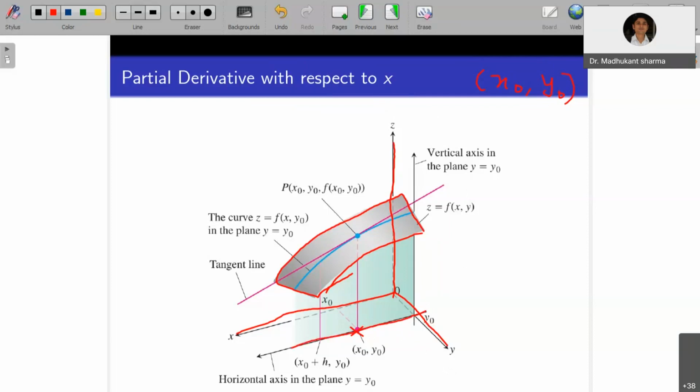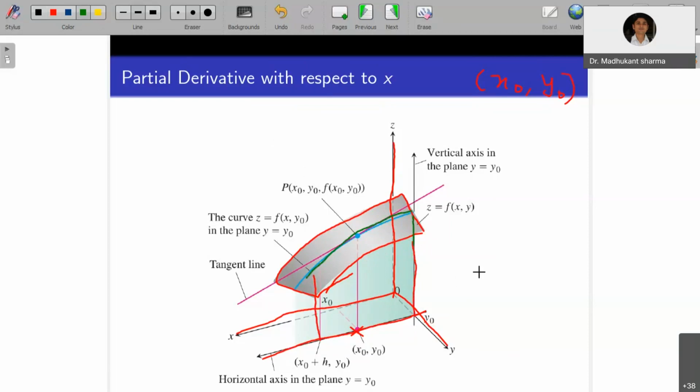This is the line. Now when you stretch this line along the z-axis, it will give you a plane parallel to the z-axis, and it will intersect the surface at some level, so that's going to be this.